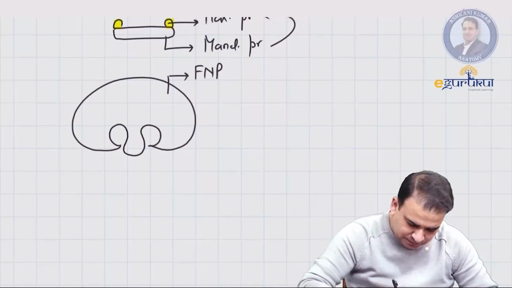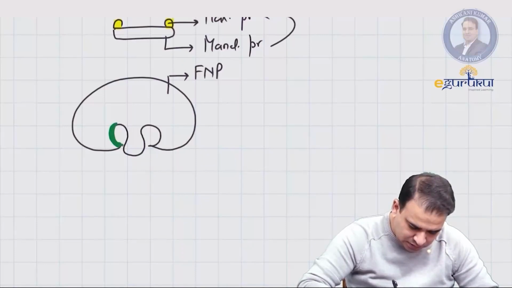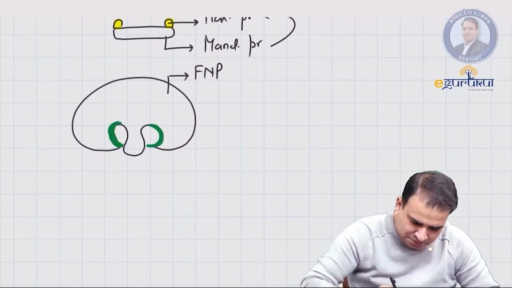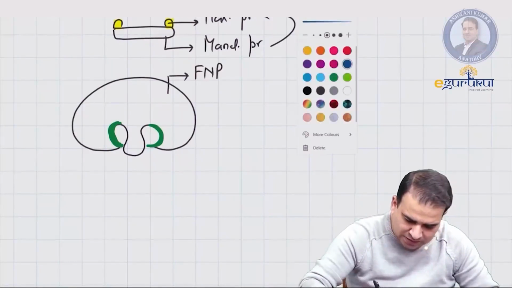This is the lateral nasal process or prominence, and the one which is inside is the medial nasal process or prominence.